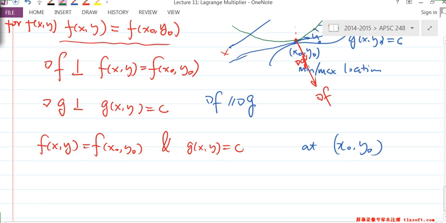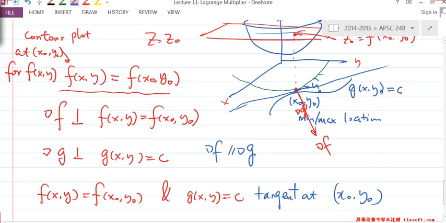So this and this are tangent at this location. You see the geometrical meaning behind this. For a constraint problem, you will have the two contour plots tangent to each other, but only at that min or max location.